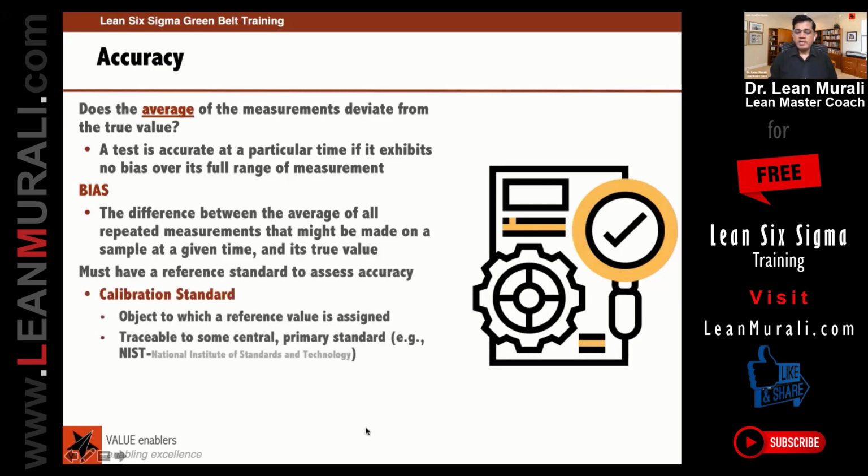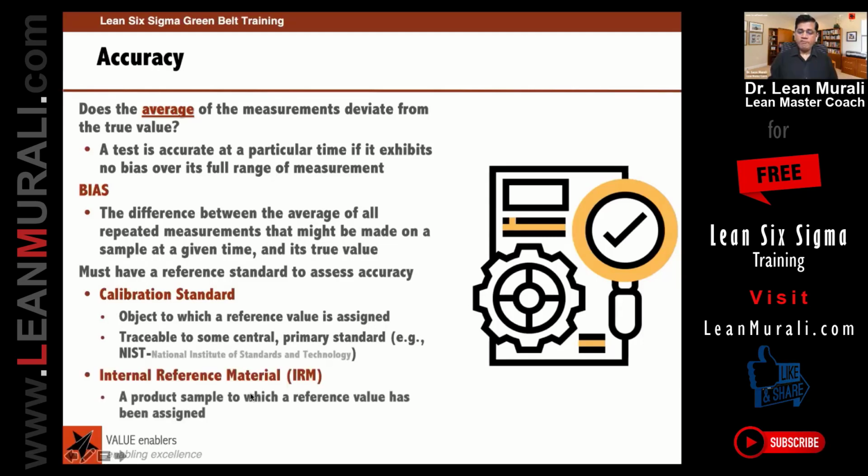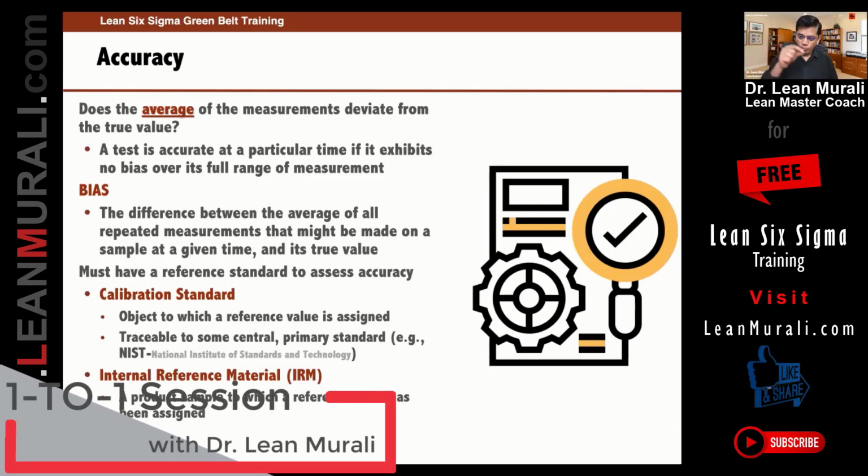To avoid bias, you must do calibration with the master standards. So you have a calibration standard to overcome this bias, and you also have something called a reference sample. In gold shops also, you can ask them to weigh the master sample on the measuring scale. If the master sample is actually 10 grams, it should exactly show 10 grams.